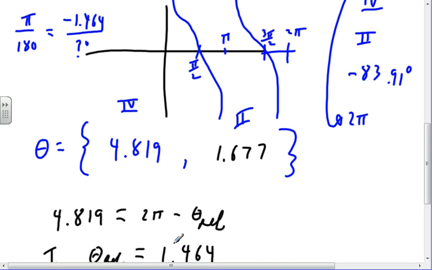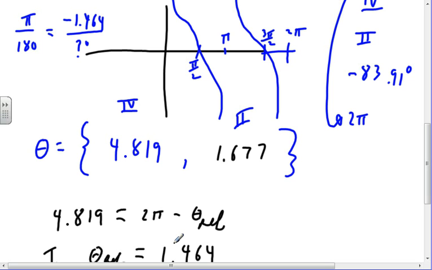So if I take 1 divided by the tangent of 4.819, I better get minus 0.1066. And I do.